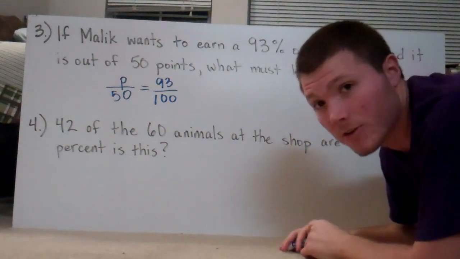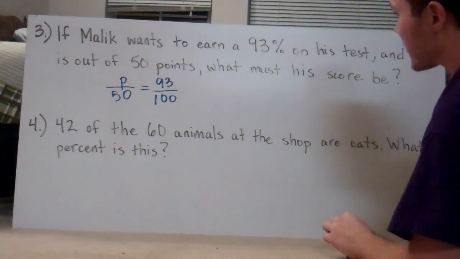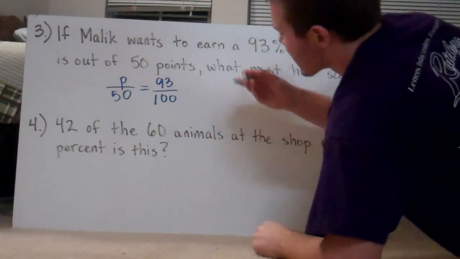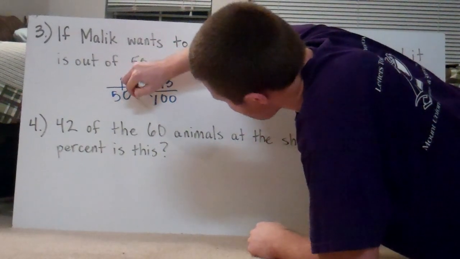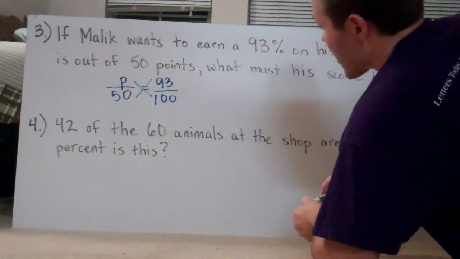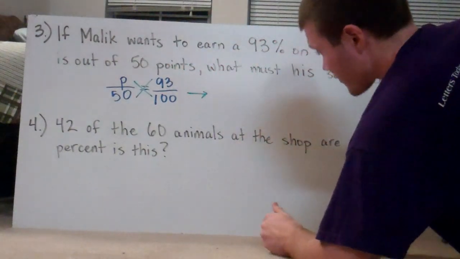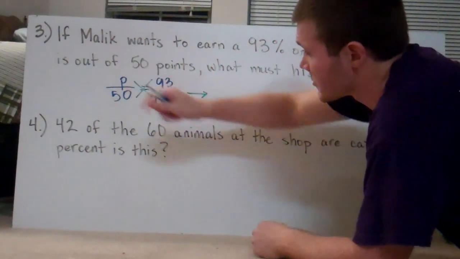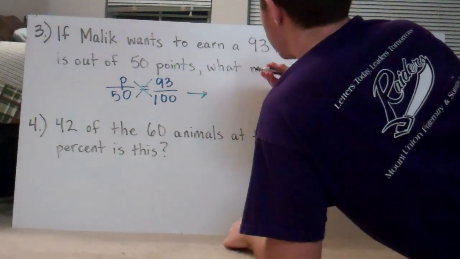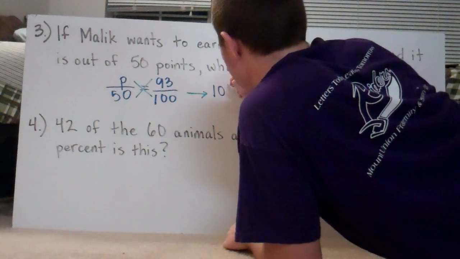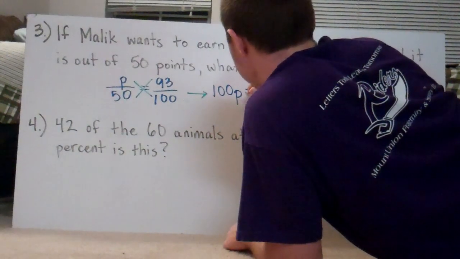Now what I need to do is cross multiply. And my work is going to be moved over here because I don't have a whole lot of room. So when I do 100 times P, I get 100P, equals.